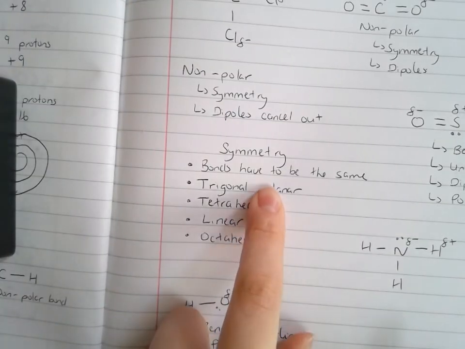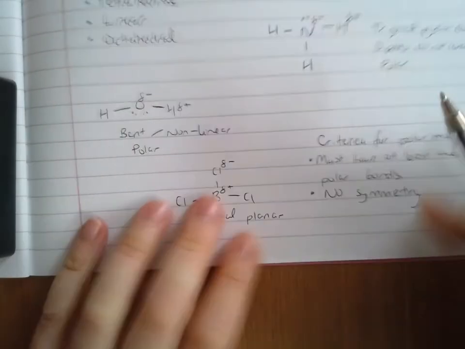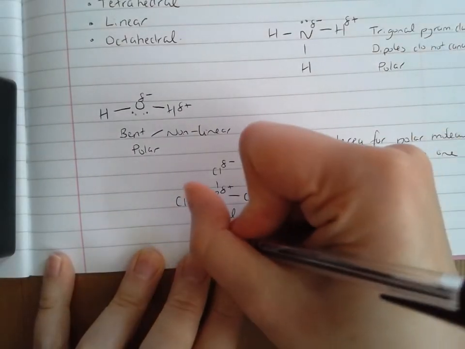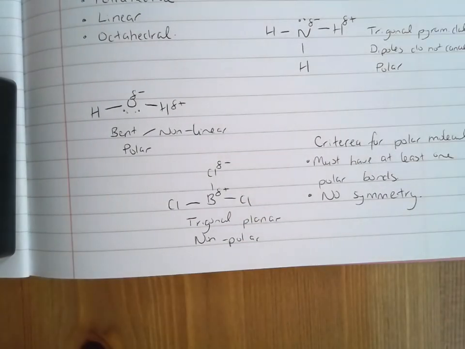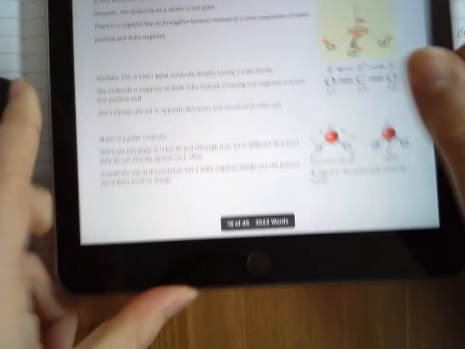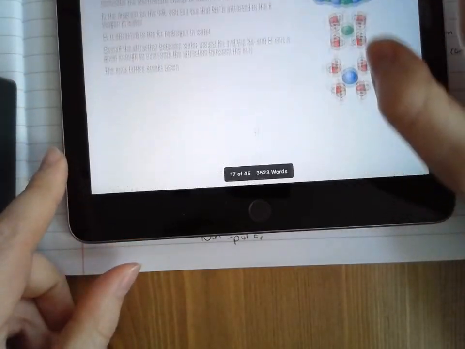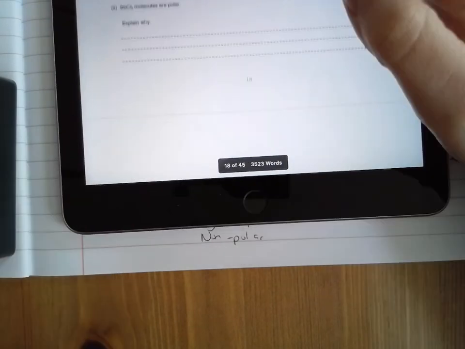Yes, it is. Okay, so all of my bonds are the same. It's trigonal planar. That means I do have symmetry. That means my dipoles will cancel out, and that means it is going to be non-polar.